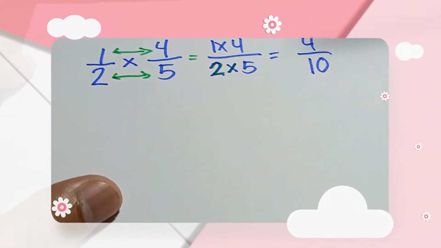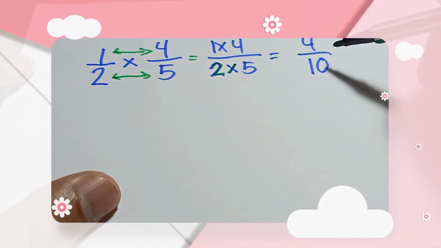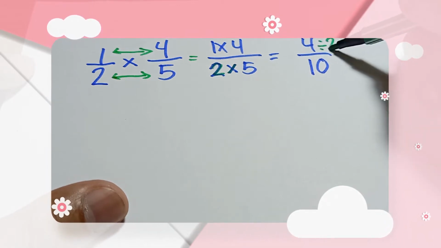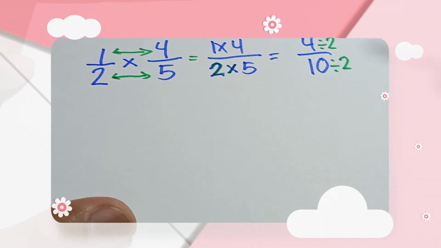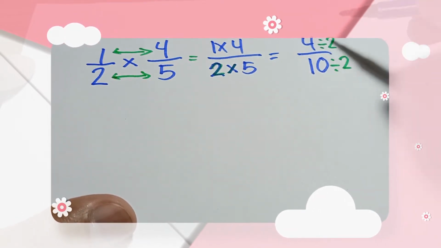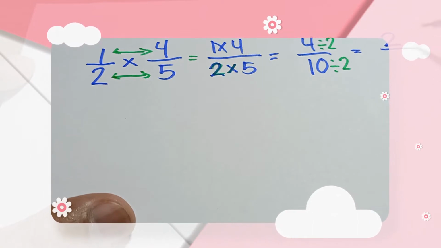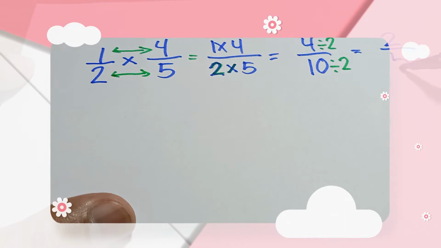Okay, but 4 and 10 are both divisible by 2, to get the simplest form of this fraction, 4/10. So 4 divided by 2 is equal to 2, and 10 divided by 2 is 5.